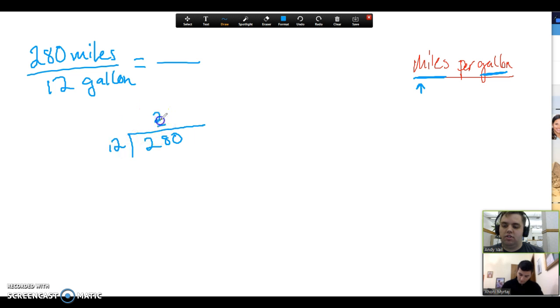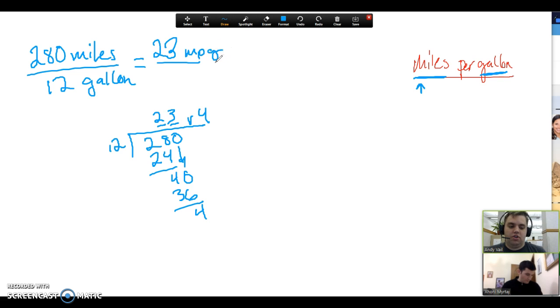We'd see that this goes in twice, 24 over 40, drop that, and then this can go in 3 times, makes 36 over 4. So it's like a remainder 4. And so we know it's 23 miles per gallon. Did that make sense, Johnny?